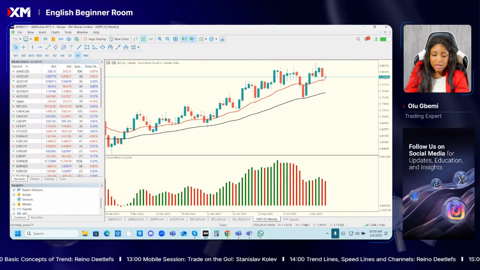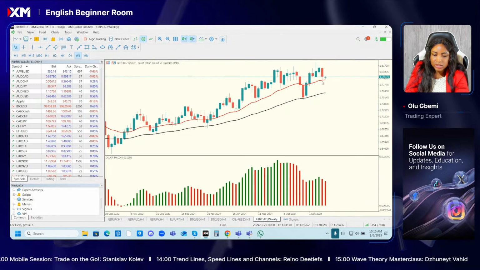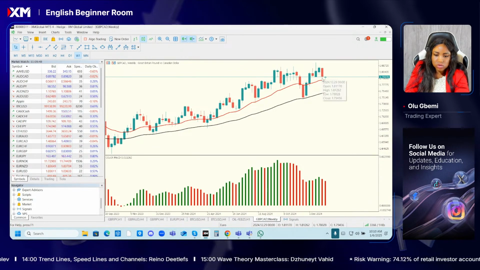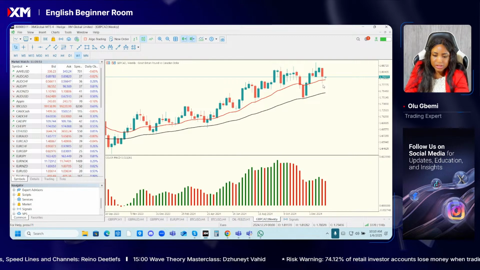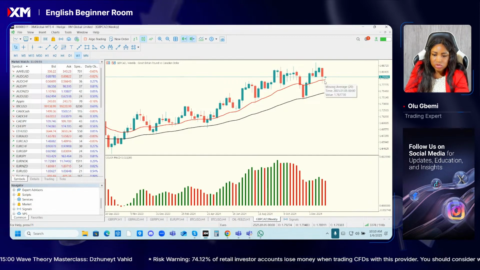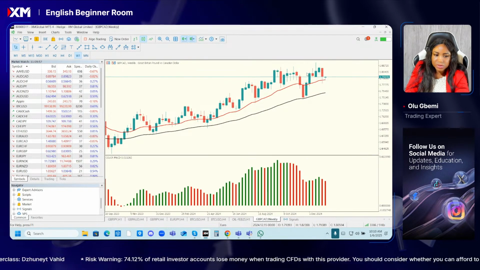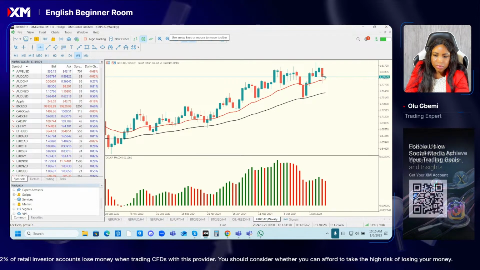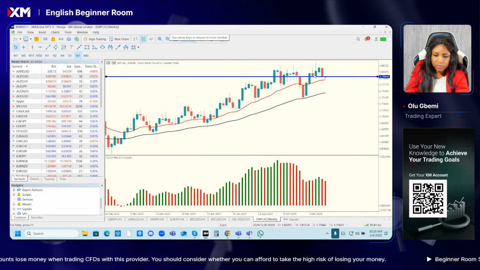However, the way that candle closed, it seems that at the close of the candle, the sellers were already not so strong to continue pushing the price down because they couldn't push below the 20 moving average. You will also see they could not push below an area that we can use as a kind of support, because the price pushed up from there a couple of times in the last few weeks.